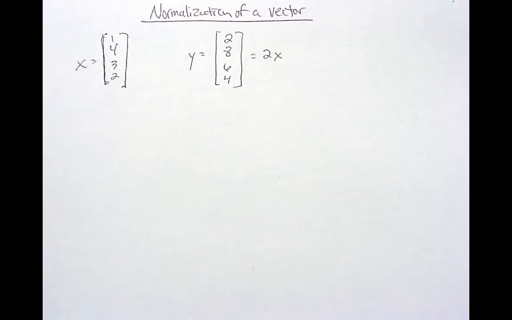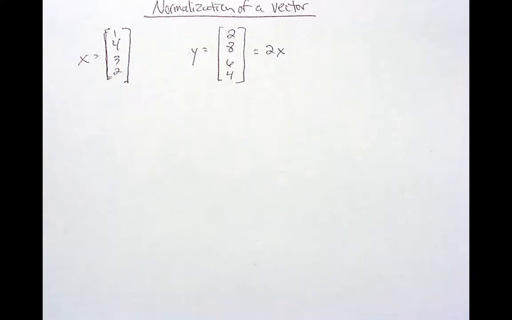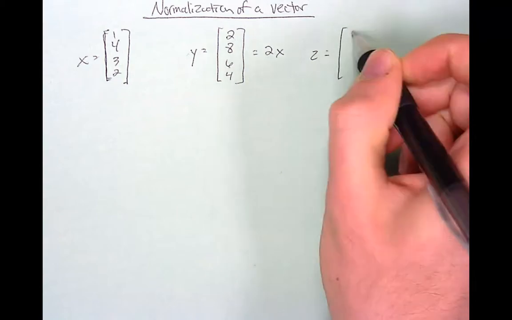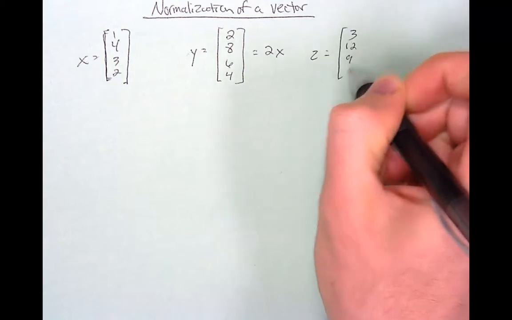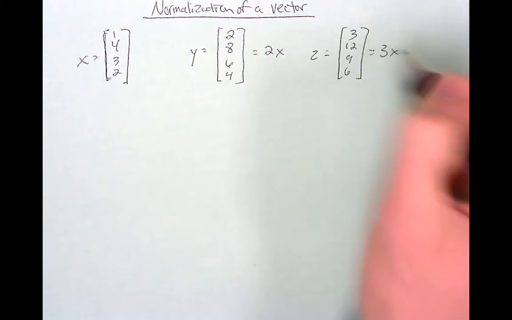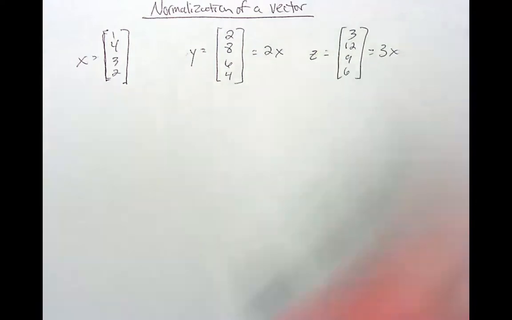So if you multiplied x by 3, and you had 3, 12, 9, and 6, and we called that z, which is just x times 3, that z can also be considered an eigenvector of matrix S.